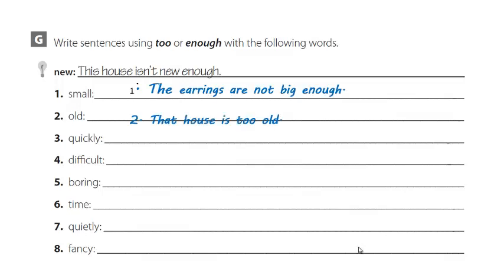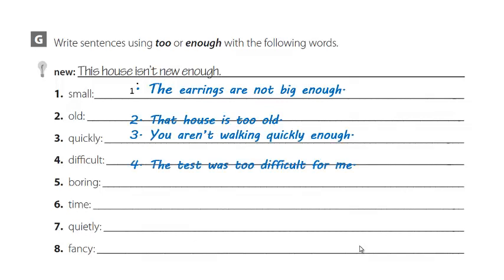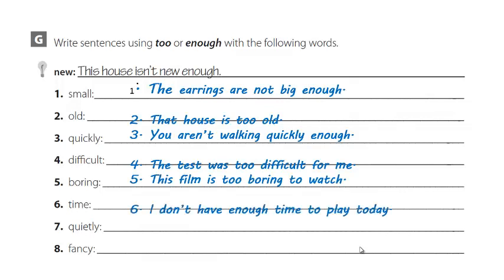The earrings are not big enough. That house is too old. You aren't walking quickly enough. The test was too difficult for me, and so on. Here again, about the same topic, the use of too and enough.